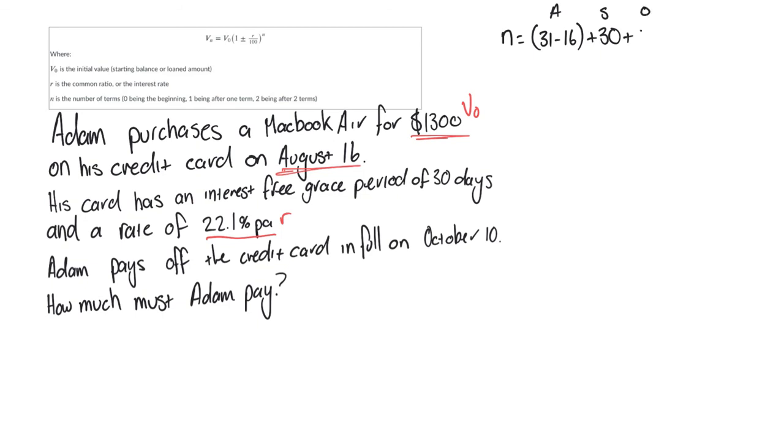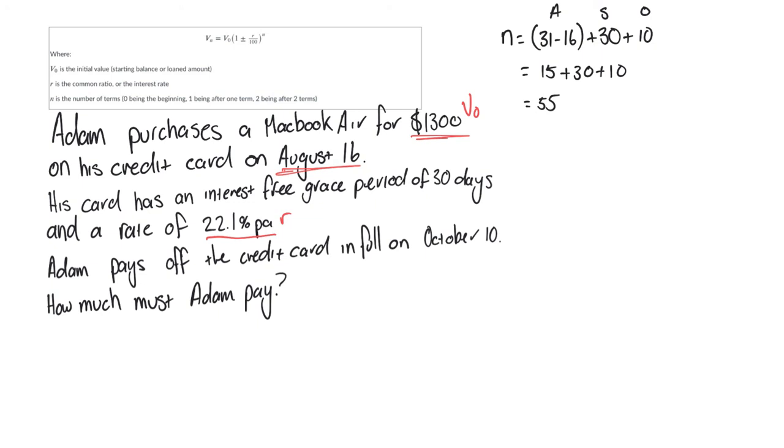So we only need to add another 10 days because we pay it off in full on October 10. So if we get the help of our calculator, so we'd have 15 plus 30 plus 10, which would give us 55 days in total. So there's 55 days worth of interest that needs to be calculated.